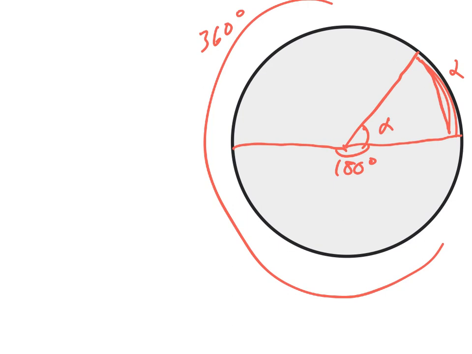So now let's take a look at what we call an inscribed angle. An inscribed angle is an angle that has a vertex on the edge of the circle now instead of the center of the circle, and goes out to two other points on the circle. These lines that I just drew, we call chords. They basically are lines that connect any 2 points on a circle.